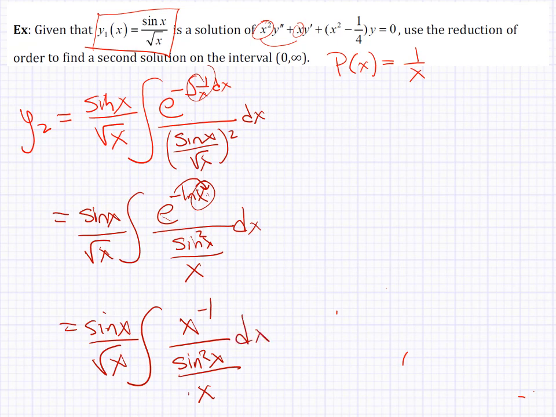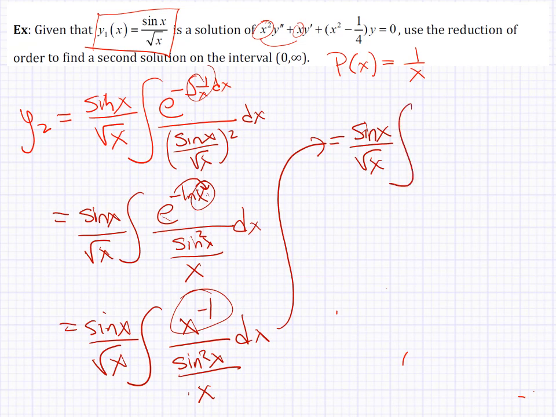Now what I have is a fraction, because it's really 1 over x divided by a fraction. I flip and multiply. The x's are going to cancel. So now I get sine x over square root of x. It's still just sitting here the whole time. It's outside the integral. Really, I have to deal with this integral, which is really going to turn into 1 over sine squared x dx.